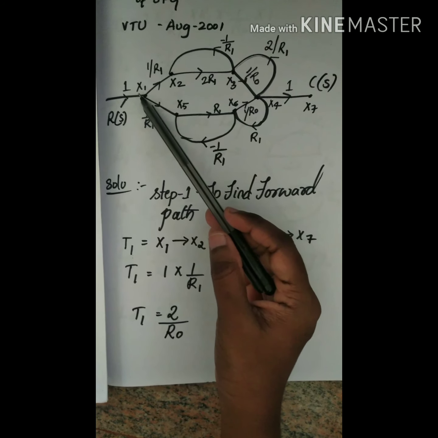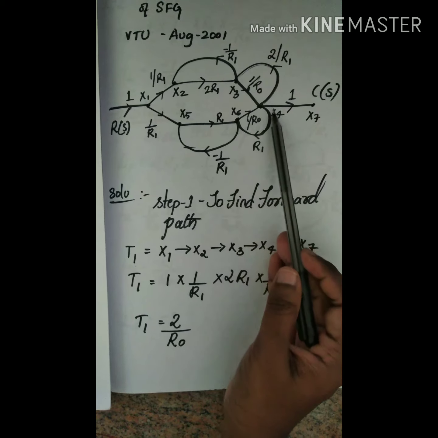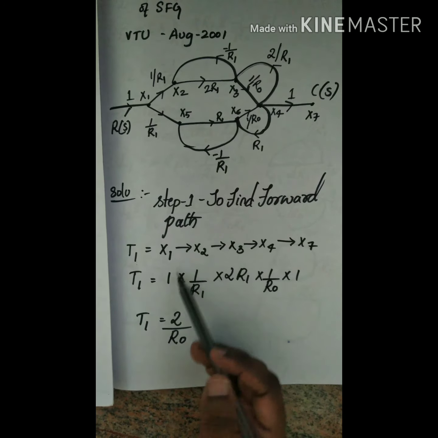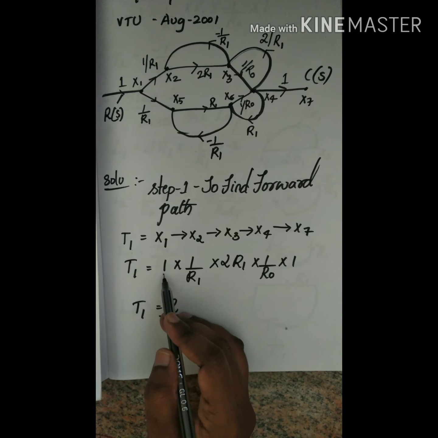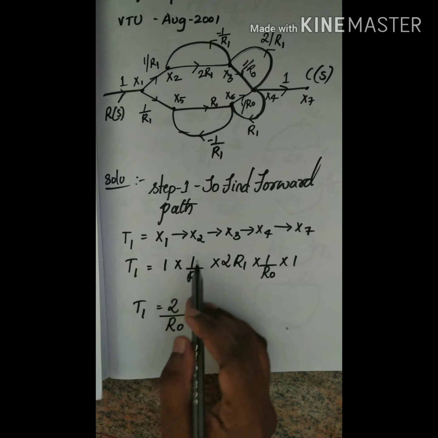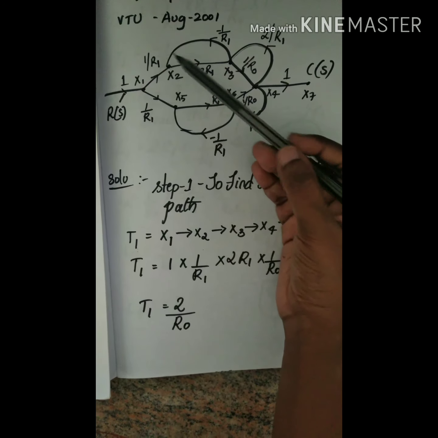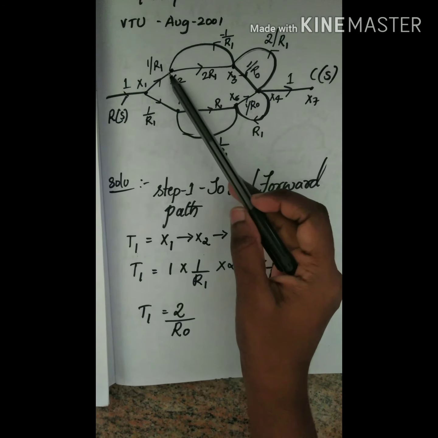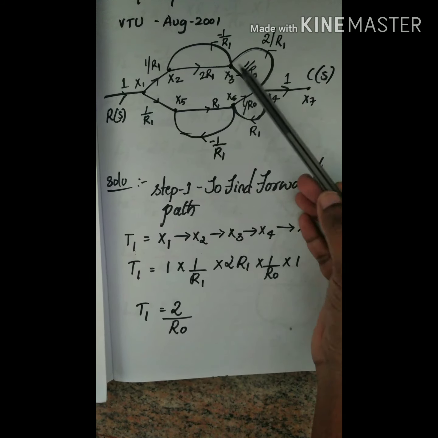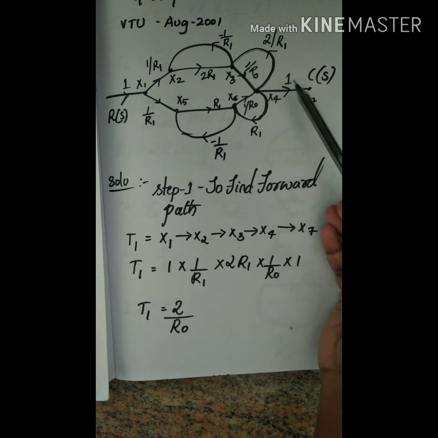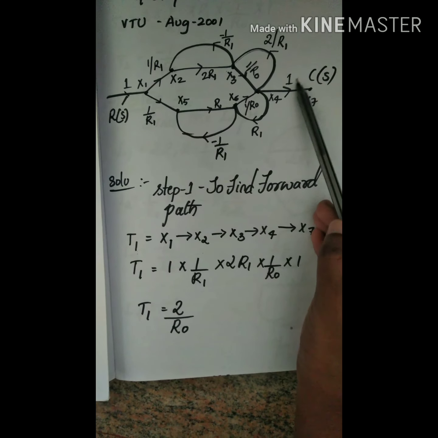Then for T1 it's x1, x2, x3 and x4. As I've written here, x1 has unity as its gain and x2 has 1 by r1 as its gain, x3 has 2r1 and x4 has 1 by r0 and x7 has 1 as its gain.